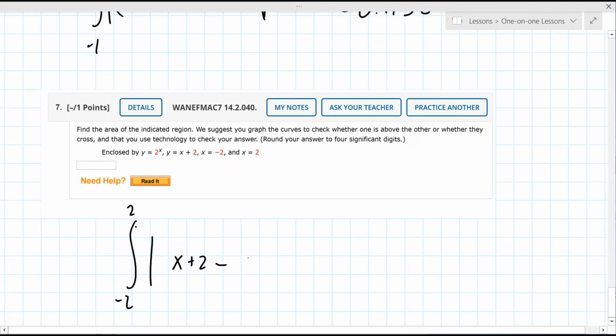Let's just do x plus 2 minus 2 to the x dx. 2.6 repeating.